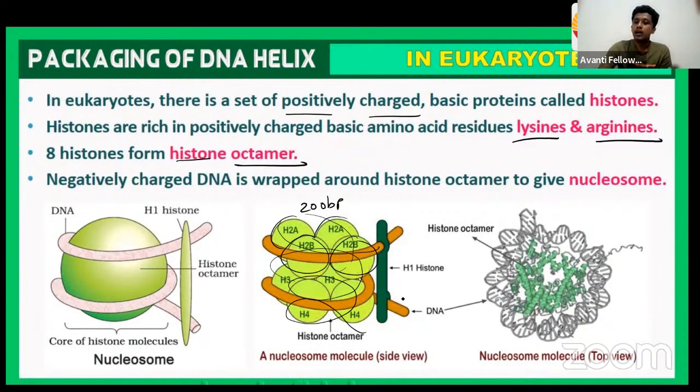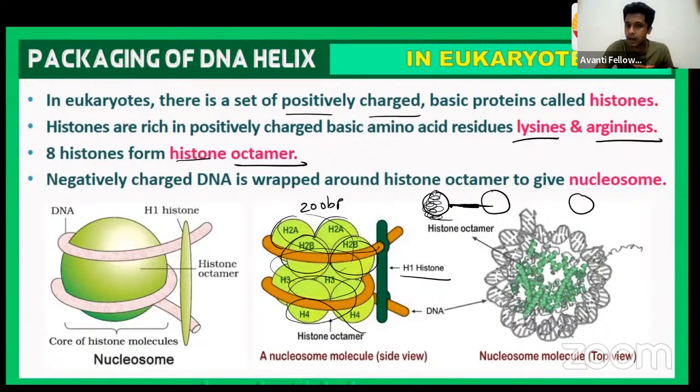Whereas there is another histone called H1 histone. For example, if I have one histone octamer here, another here and another here, 200 base pairs is packed on each. From here to here, there is one stretch of DNA that connects to the next histone octamer. Take a long rope or thread and wind it around here.